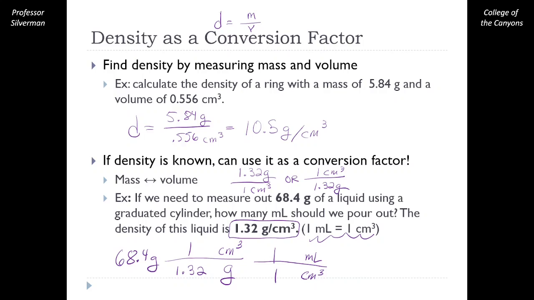As it turns out, 1 milliliter is the same as 1 cubic centimeter. Here we go. 51.8 milliliters is our final answer.